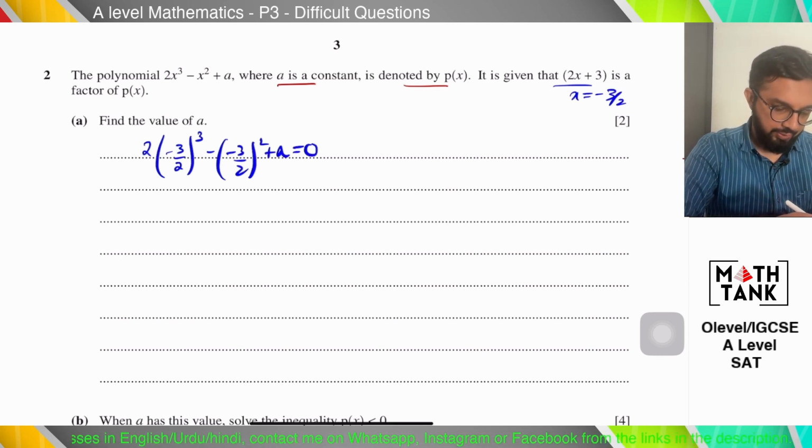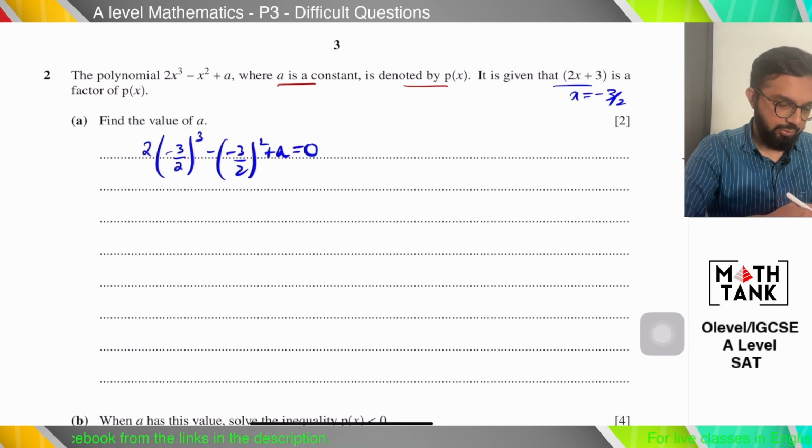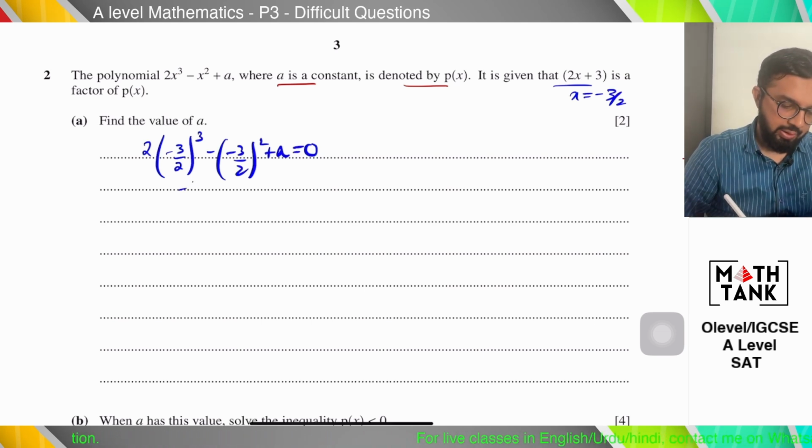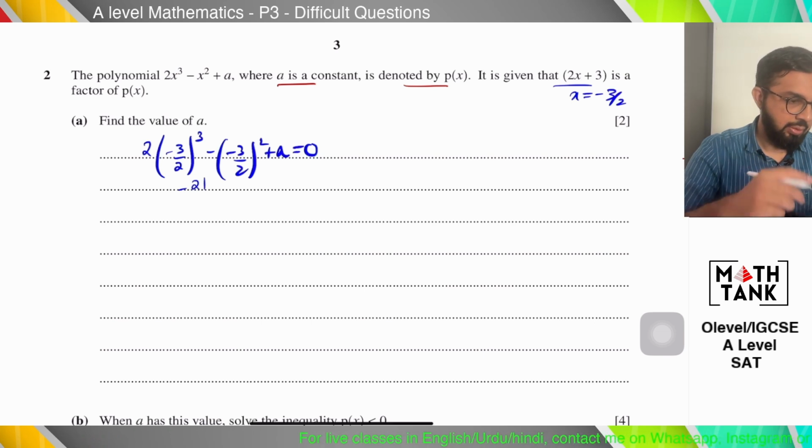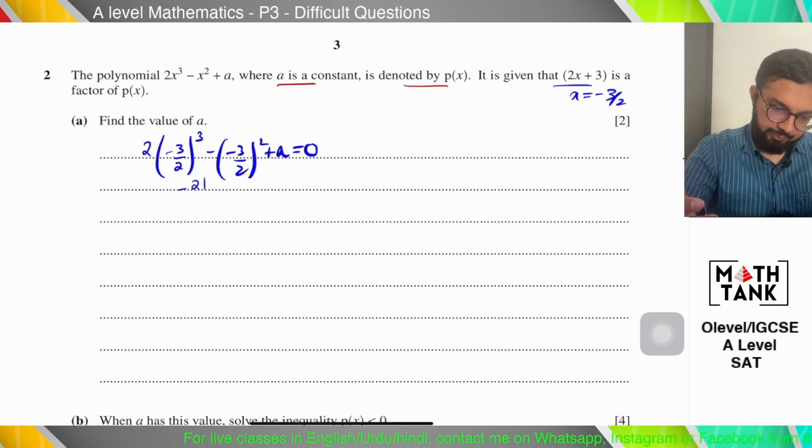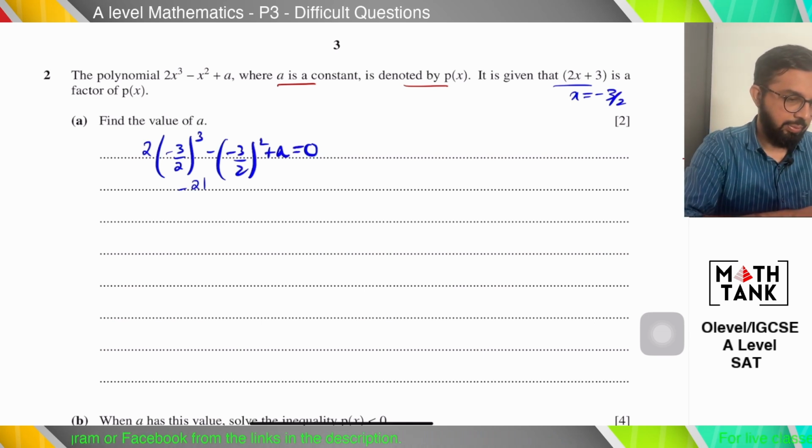So 2 times minus 1.5 cubed minus 1.5. Okay, that gives me minus 21 over 4. I'm just wondering if that is the correct. Oh, there should be a square here.